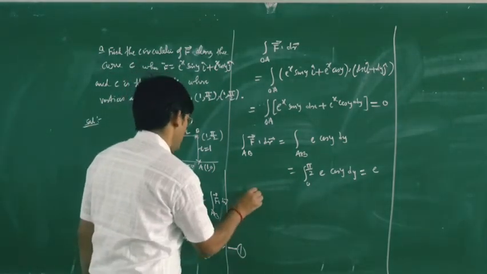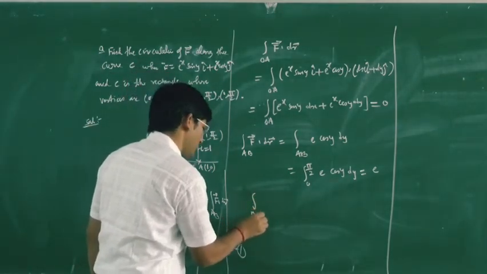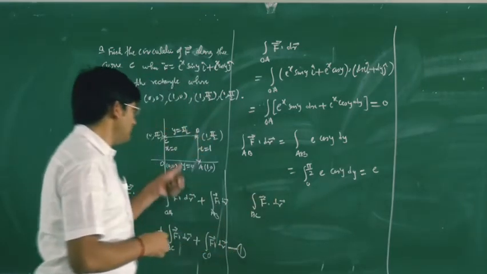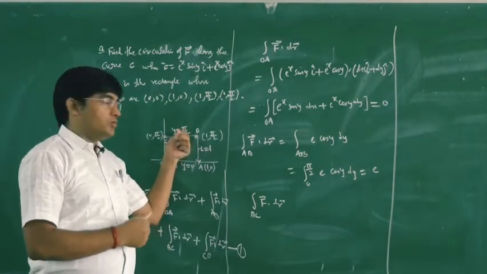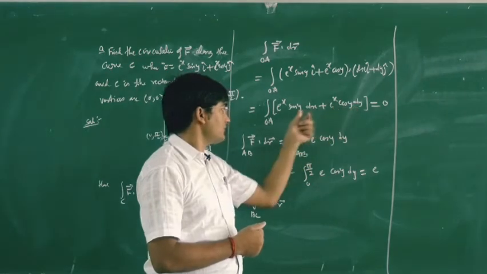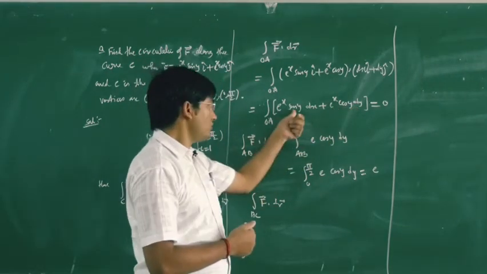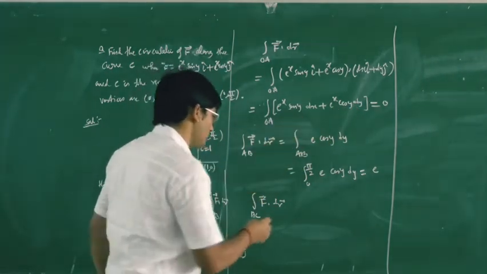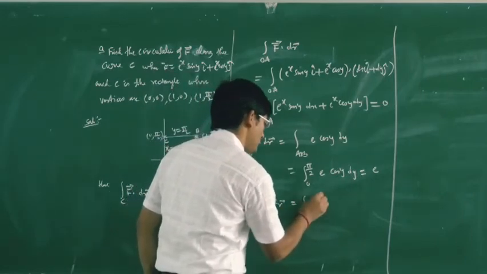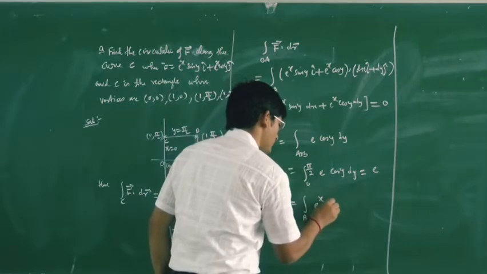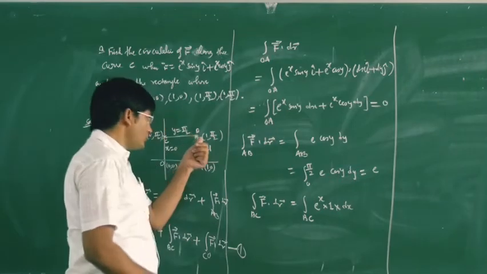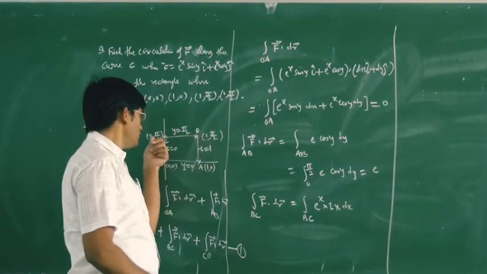Now the value of the integral along the line BC. For this line BC, your y is pi/2, so our dy will be 0. Now if dy is 0, this term will get cancelled, and as our y is pi/2, we have sin pi/2, and sin pi/2 is 1. So for this line BC, we have e^x times sin pi/2, which is 1, so we have integration with respect to x, and the limits of x are from 1 to 0.